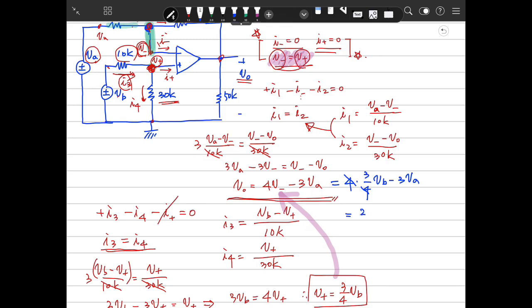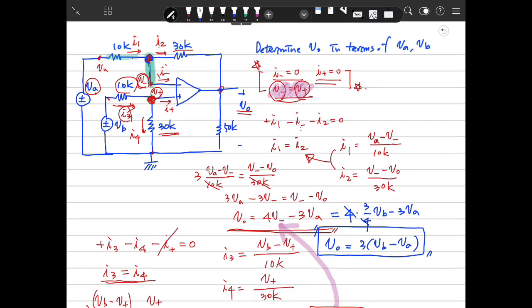That means 3 (VB minus VA) is V out. So we can get the relationship between the V out and those values.